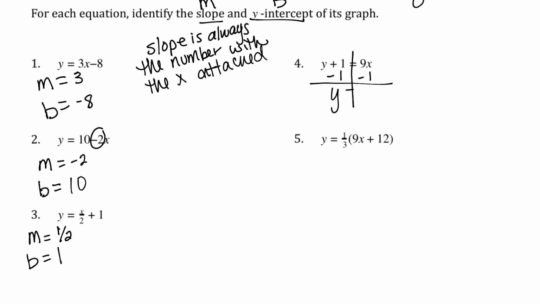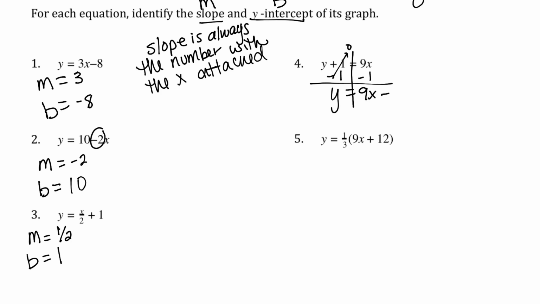Why can I not combine those two terms? Because the 1 does not have an x. So what is my equation going to be? y equals 9x minus 1.